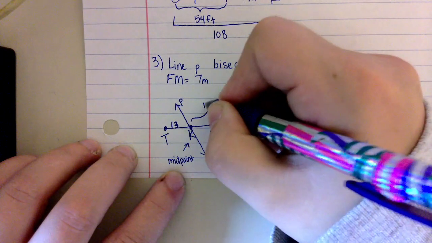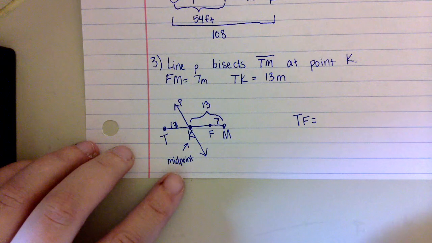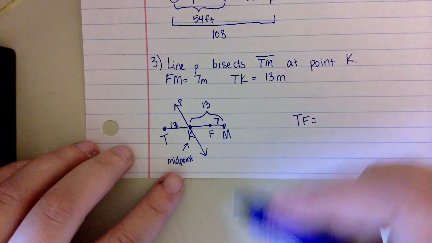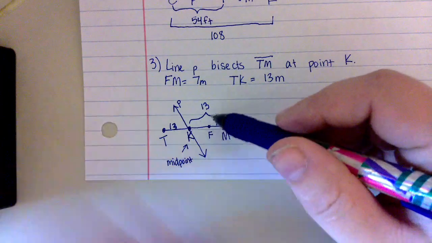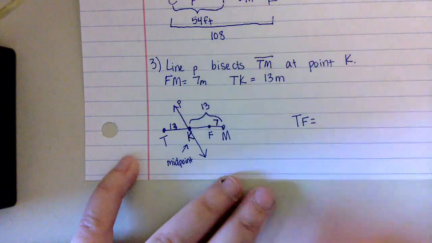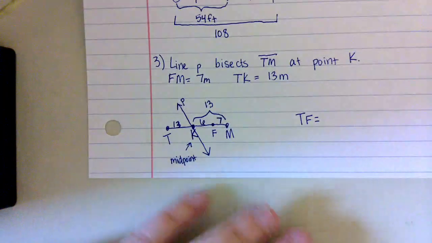So that's going to be 13 because both sides are 13. And then to get this part, we're going to subtract. We're going to take the whole minus the 7. So we subtract 13 minus 7 would give us 6. So we know KF is 6.